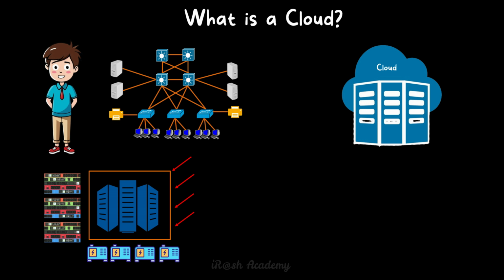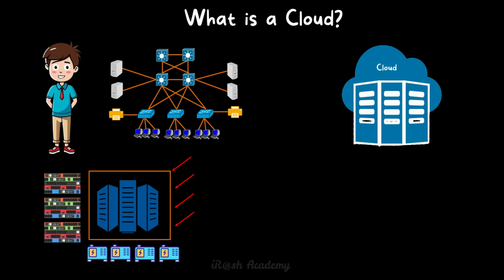Even if one source of power is down, the other source of power can provide the power supply to the data center services. In this way, the data center is designed in a very careful way to provide the services to the customers. This data center has an SLA, that means a service level agreement with the customer, like 99.9% of the time their services will be up and running without any interruption.